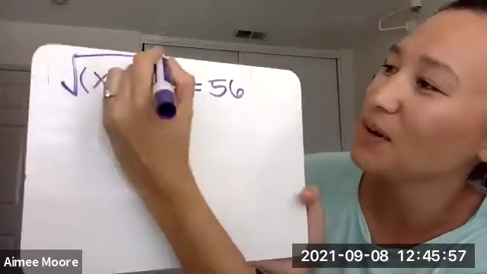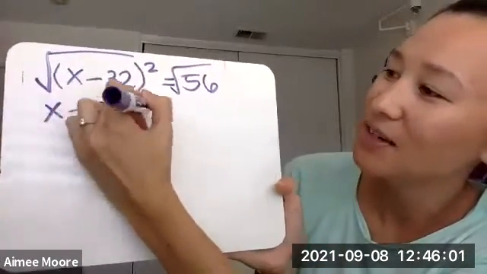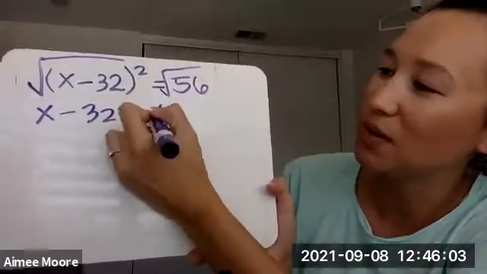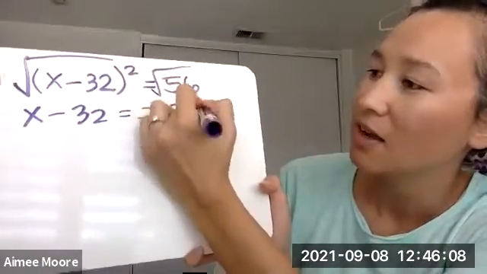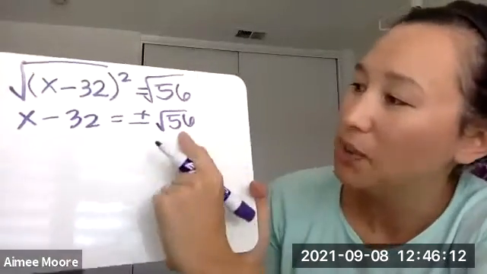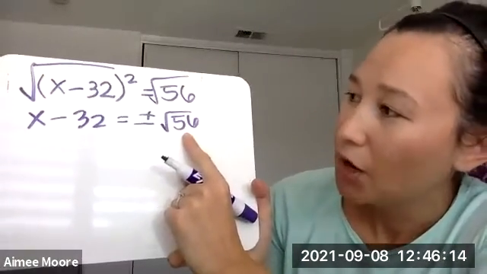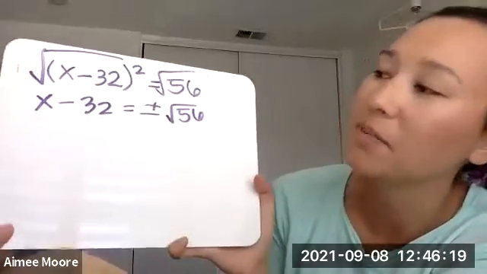Okay, so we'll take the square root of both sides. And then we get x minus 32 equals, remember when we take the square root, we get a plus and a minus, the square root of 56. We could do it either way: get rid of the 32 first, or simplify the square root.